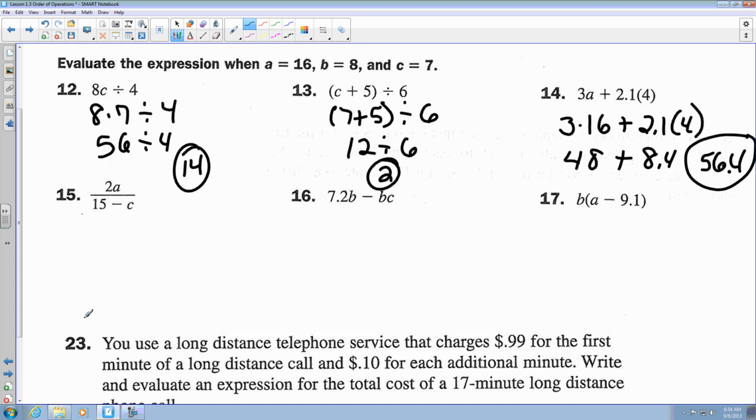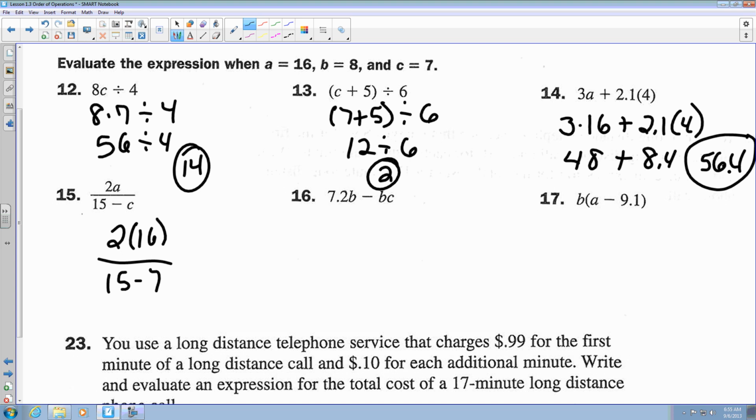Number 15 is probably the most difficult problem in these examples, because as I substitute them in, I got 2 times 16 divided by 15 minus 7. Here's the thing.